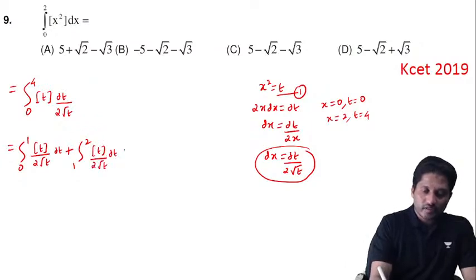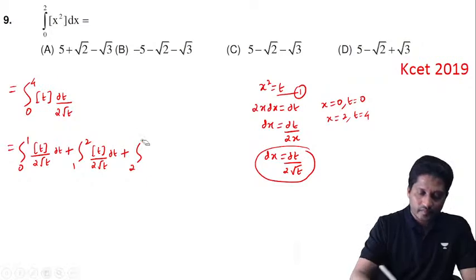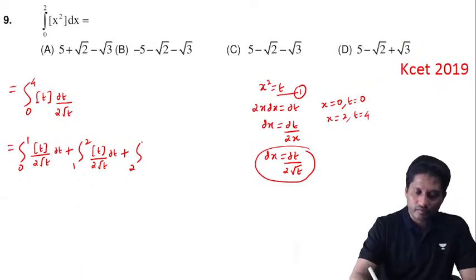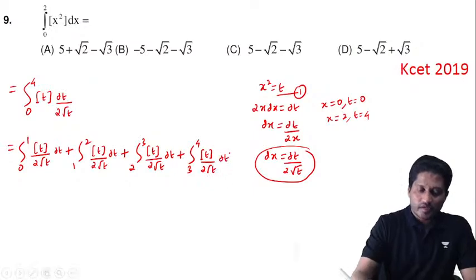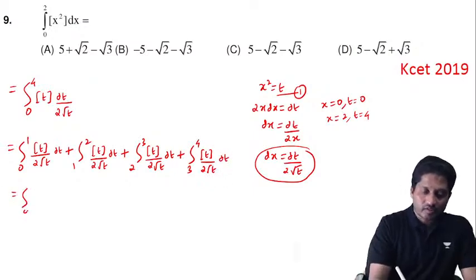0 to 1, integration of 1 to 2, and then you get 2 to 3, and then integration 3 to 4 of box t divided by 2 root t dt. Between 0 and 1, box t is 0.